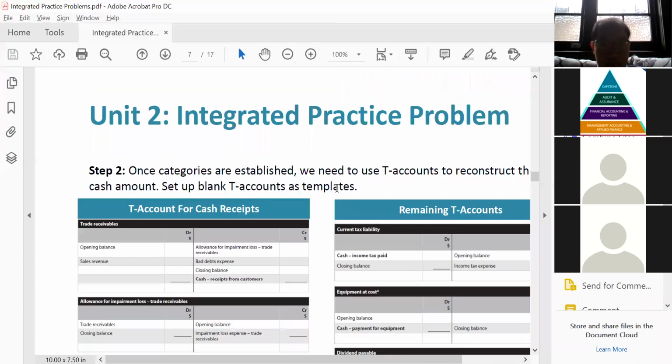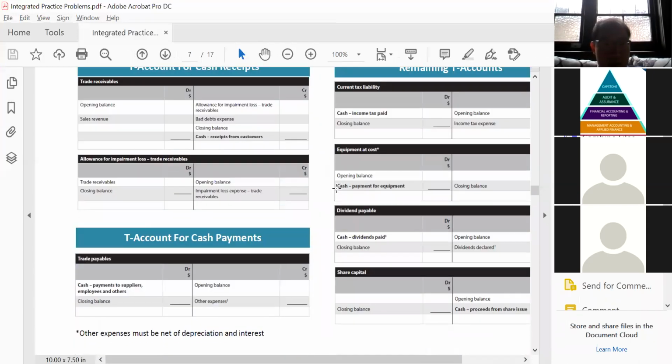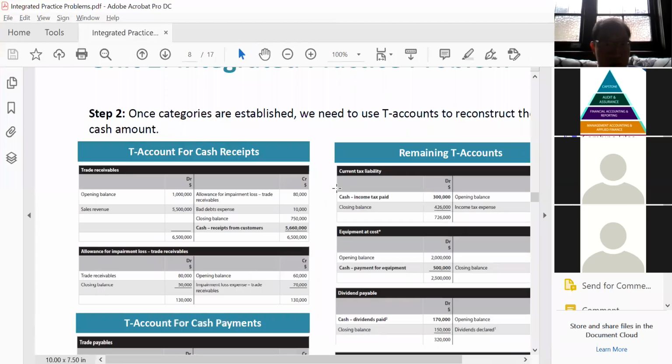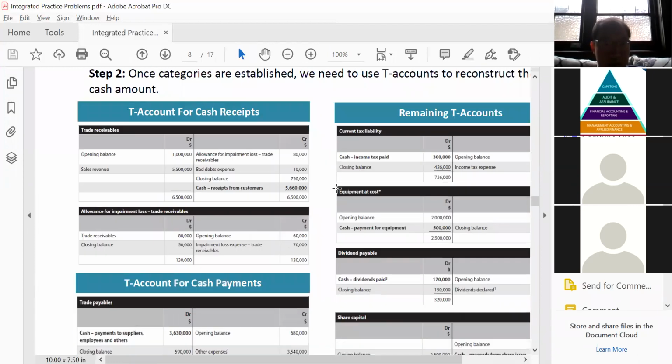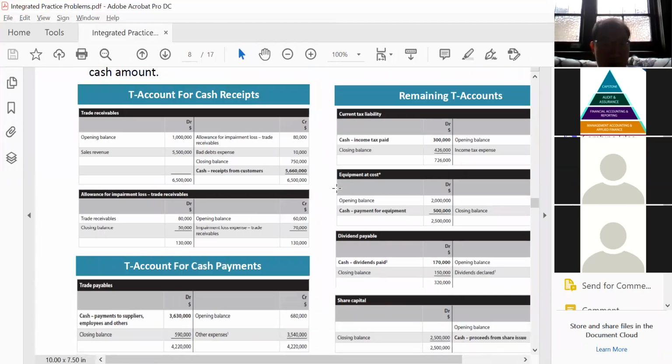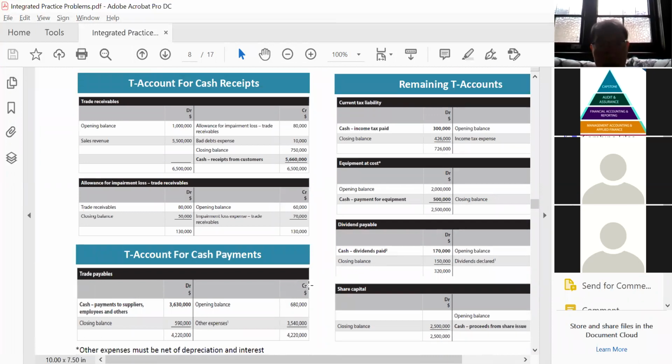Next, if we have a look at the trade payables, we are told that the opening balance is 680,000 and the closing balance is 590,000. These two amounts will come from the question.